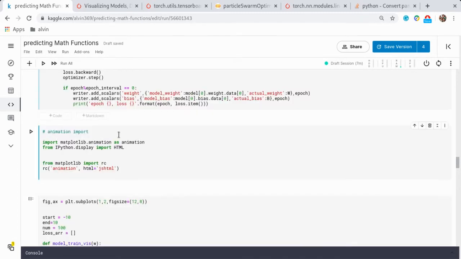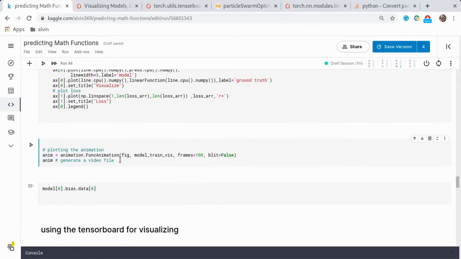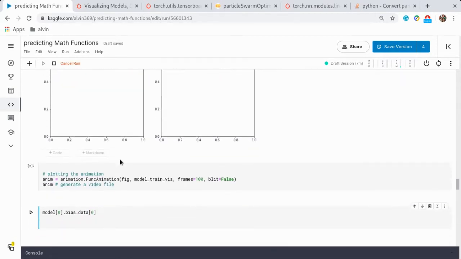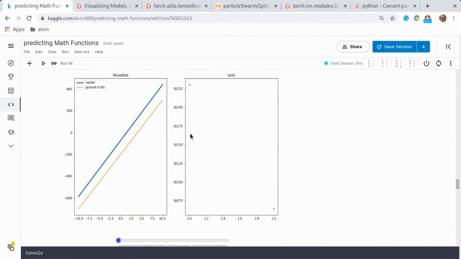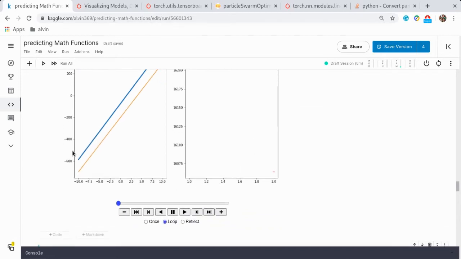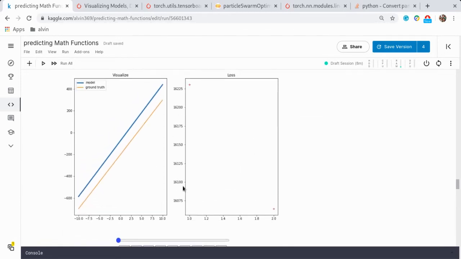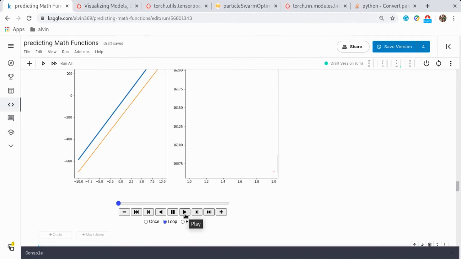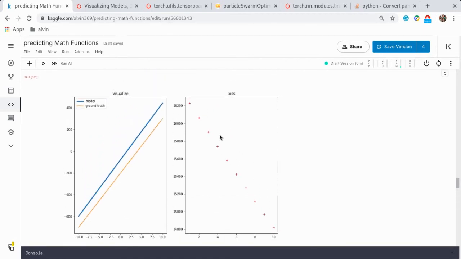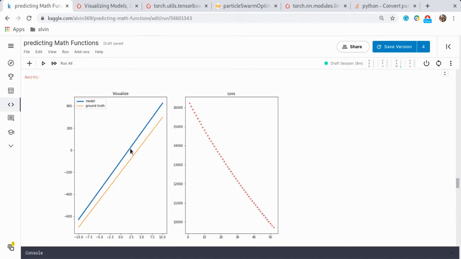So let's load it up. Okay, it will take time. We have our graphs ready. Okay, so let's start it and see how the model was learning. This is the loss, and this is the visualization of the line the model was drawing.